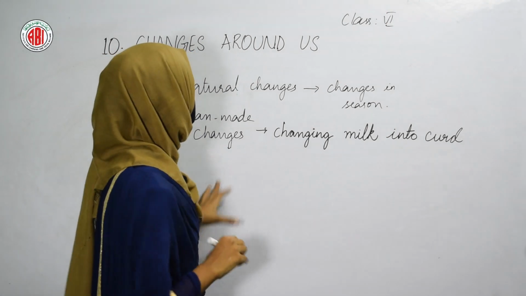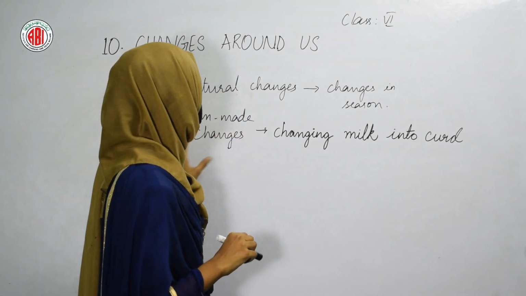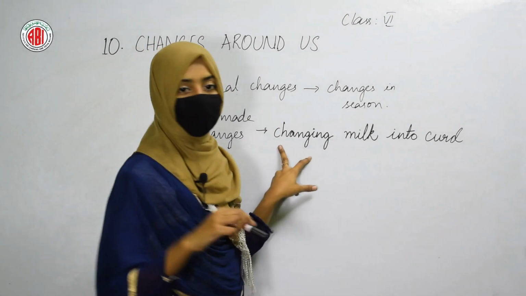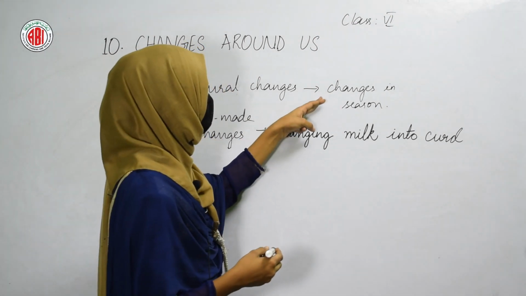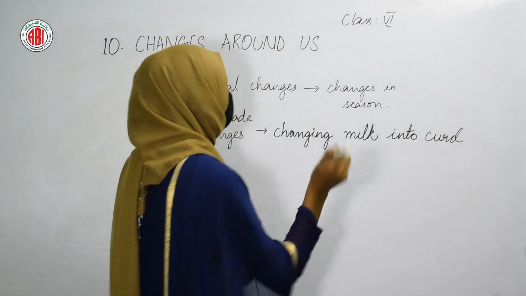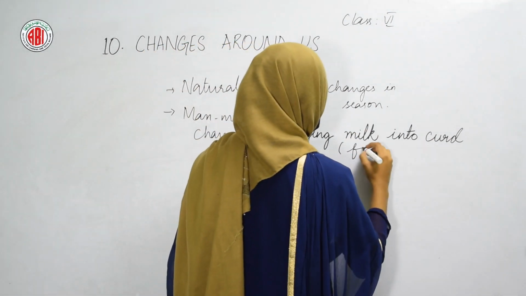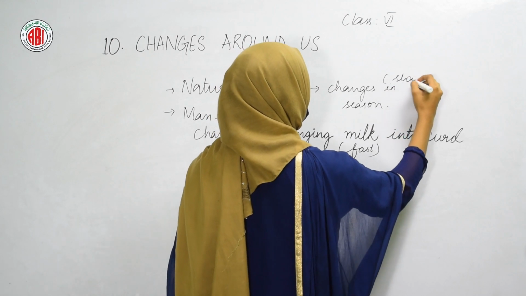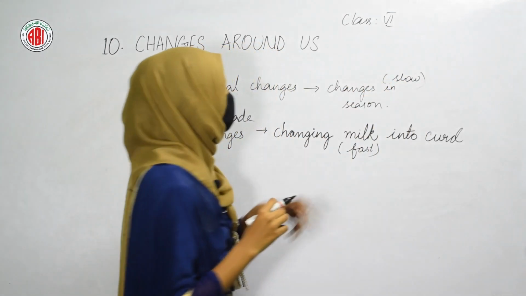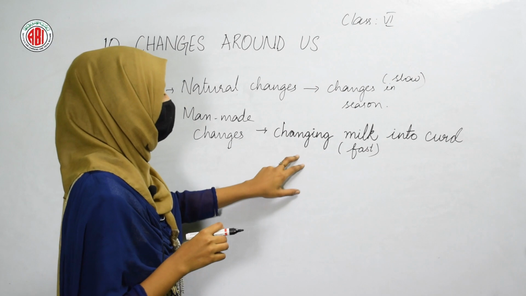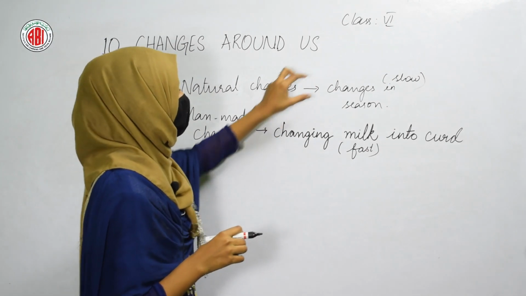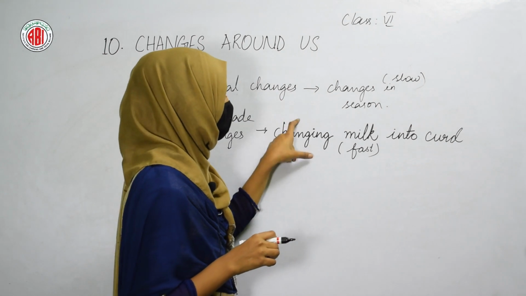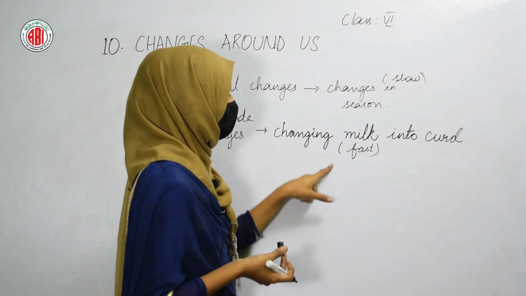When we compare the natural changes with man-made changes, that means when we compare the change of milk with the change of season, this change of milk is a fast process when compared to the change of seasons, because the change of season is a slow process. In this way, this natural process is a slow process and this artificial or man-made process is a fast process.